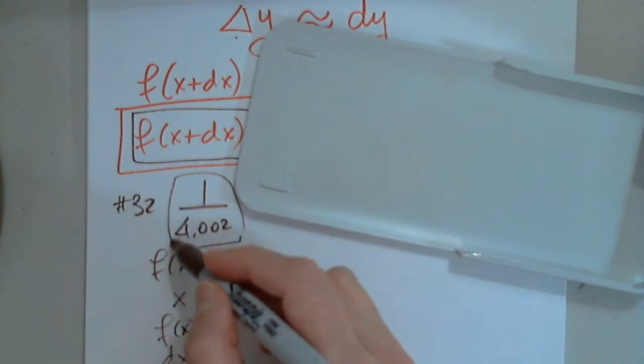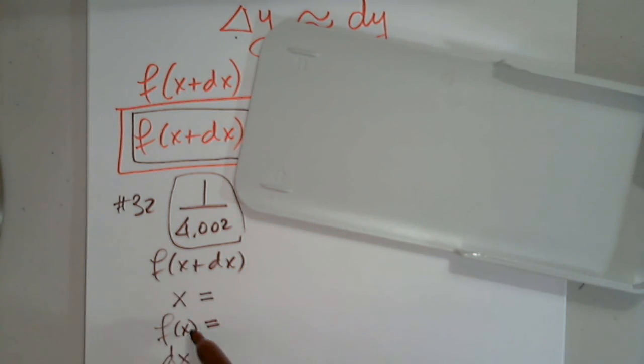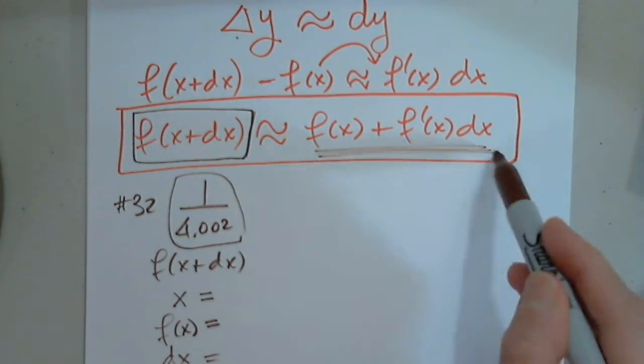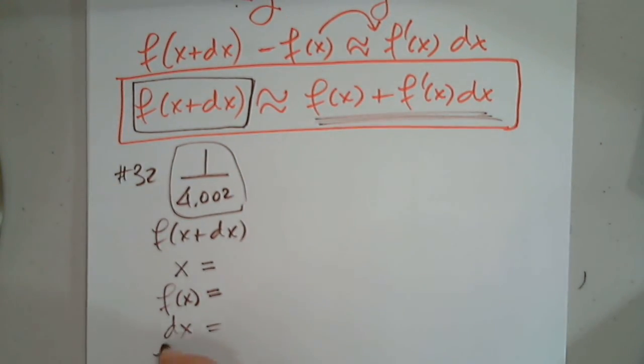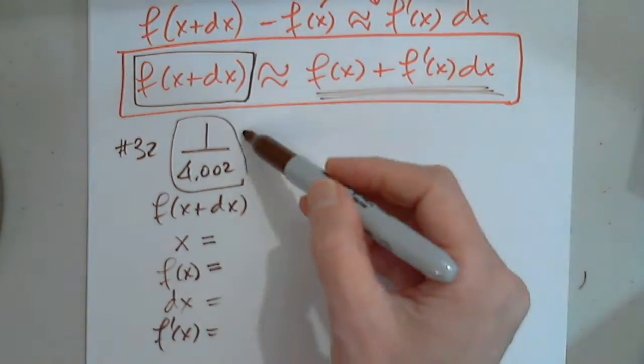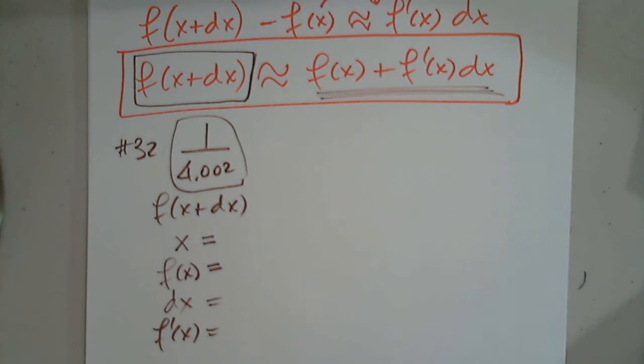Once I identify x, f of x and dx, then I'm going to write this, and I'm done. And of course I have to find f prime of x after that. So by looking at this example, can anyone come up with an idea of what f of x might be?